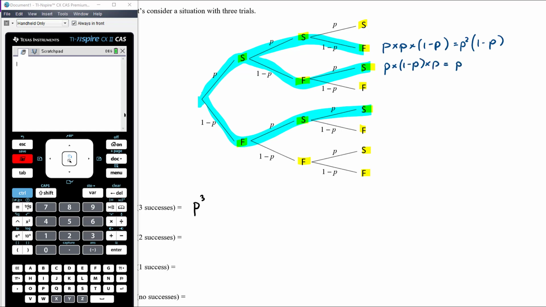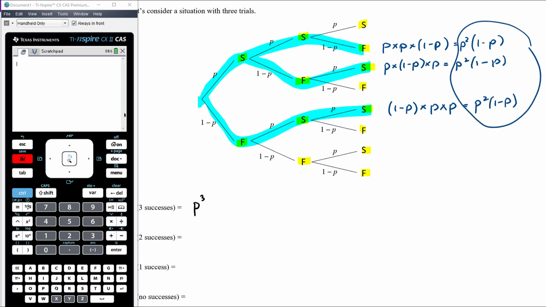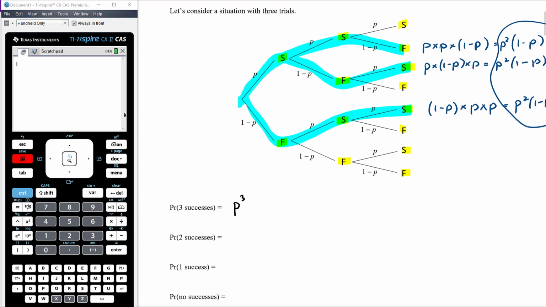It's still P squared times 1 minus P. And the same down here, the probability here is 1 minus P times P times P. Again, it's still P squared times 1 minus P. So what we actually recognise is it's the same probability calculation, but then we're going to add them up. So what we actually have here for 2 successes is 3 lots of P squared times 1 minus P.